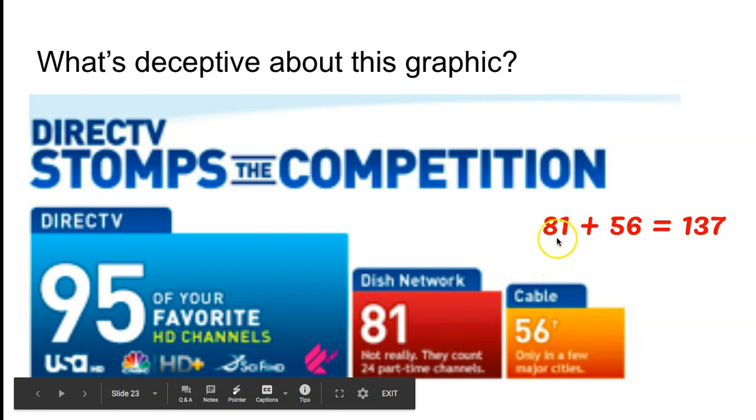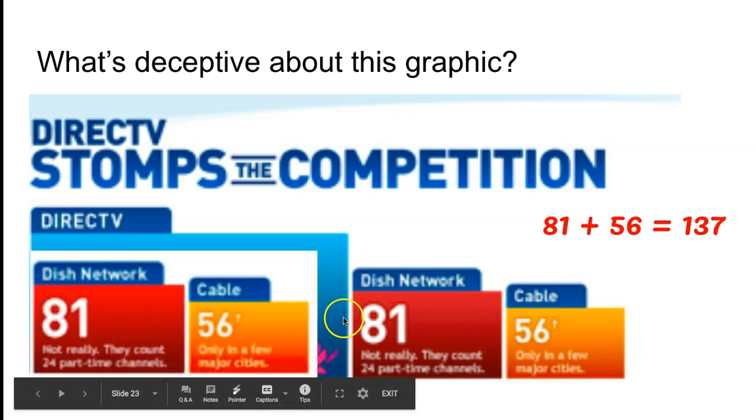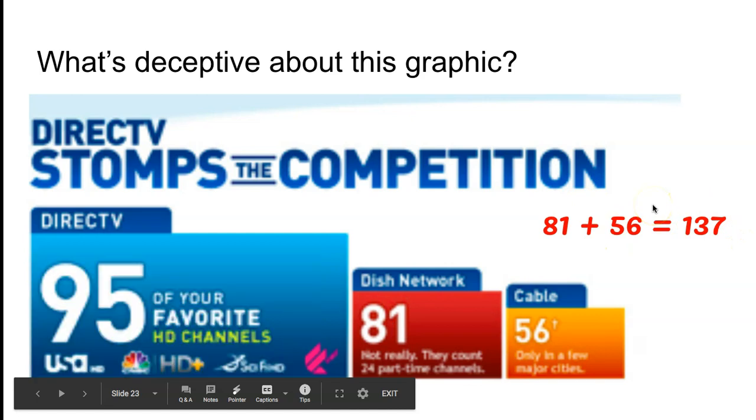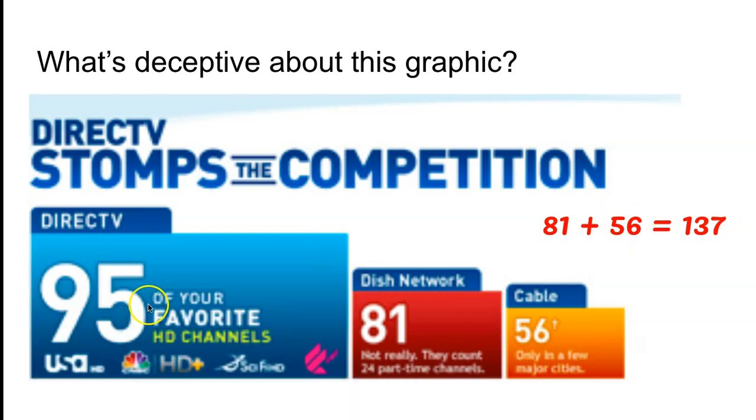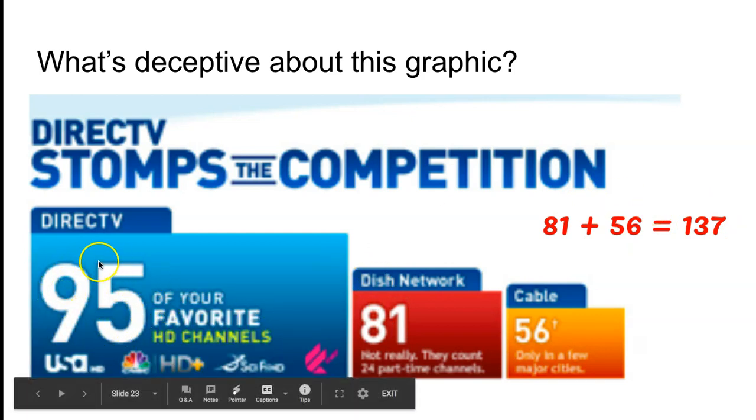Now I've done a little math here. 81 plus 56 is 137, kind of like total channels between the two. So what's deceptive about this? Well, if you take this Dish Network and this cable and you overlay it on this area right here, this area now, which is representing 137 channels, is disproportionate.